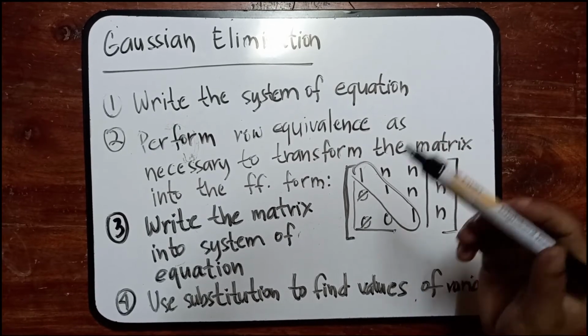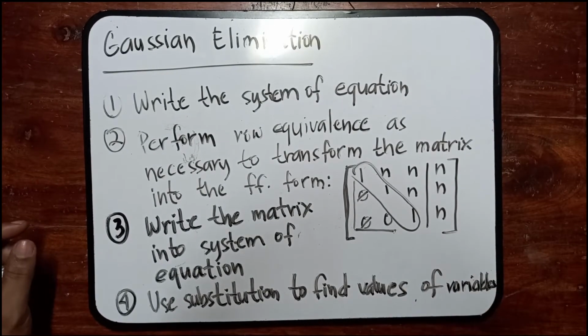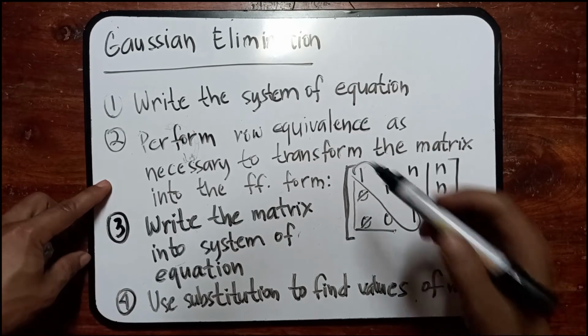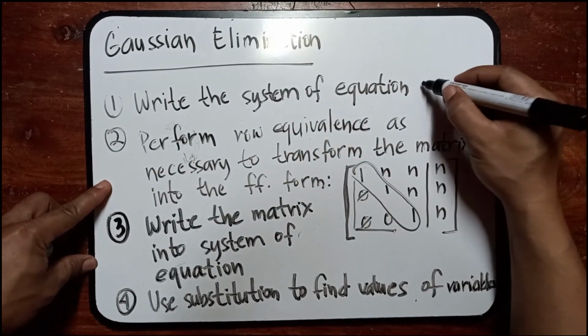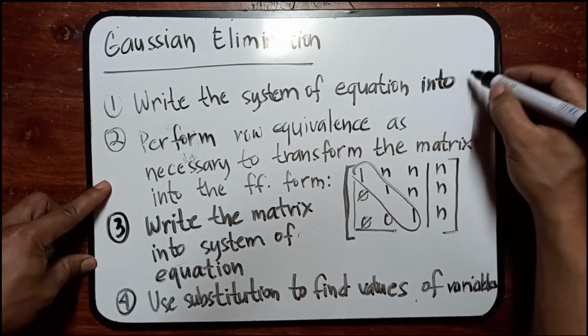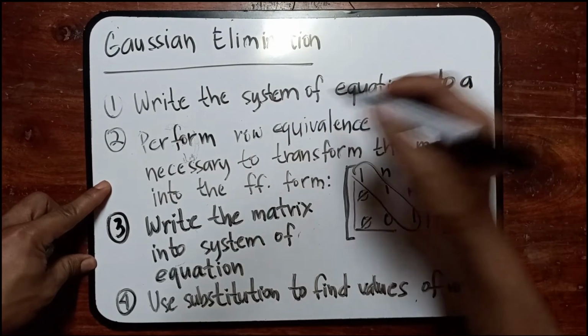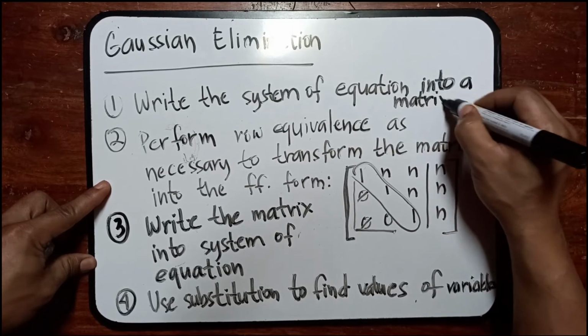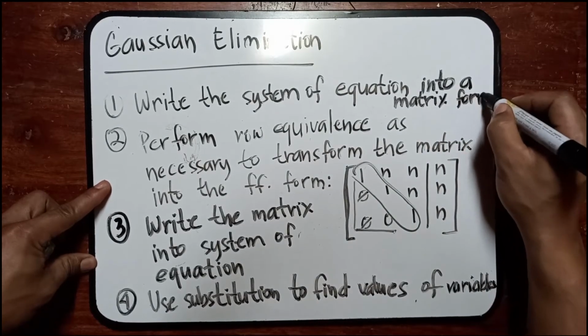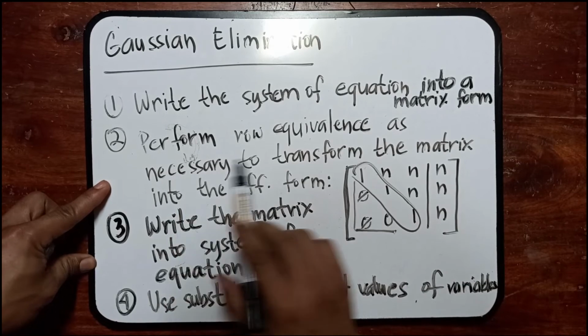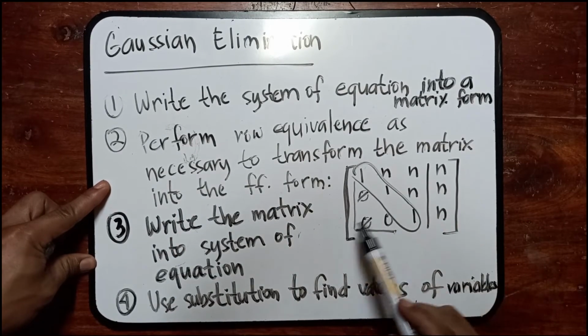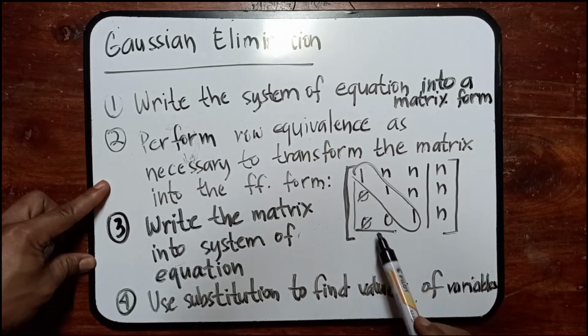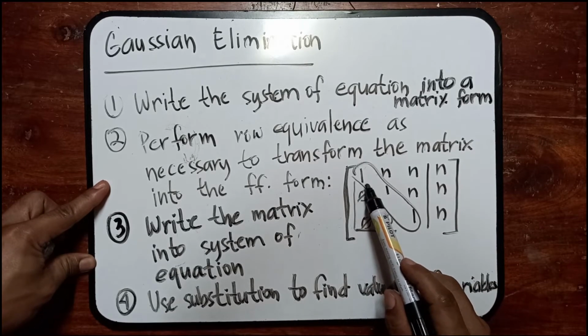Okay, so let's review the rules for Gaussian elimination. We have to write down the system of equations into matrix form. Then after that, we perform row equivalence until we reach this format, with zeros at the bottom and 1s in diagonal form.